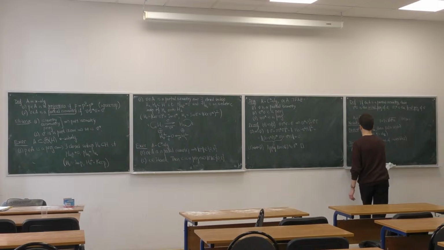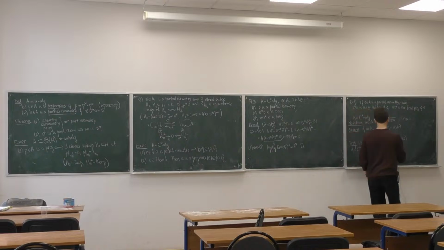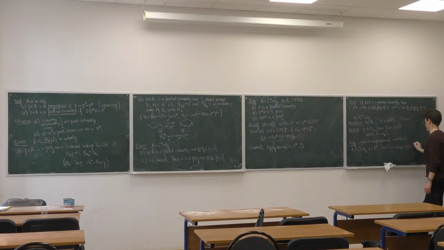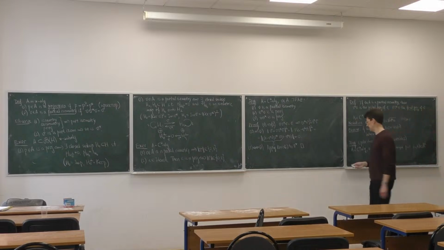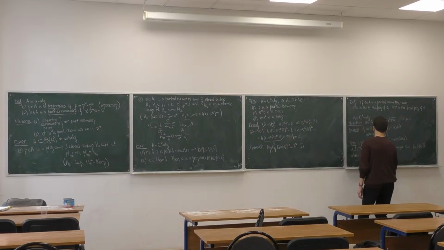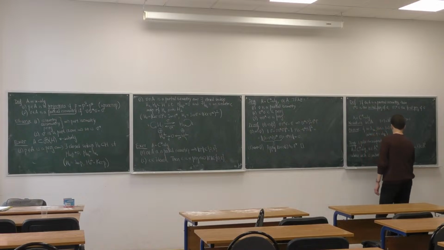Suppose that A is a C-star algebra, and a is an invertible element in A. I claim then there exists a unique pair u, b, consisting of a unitary element u, where u is unitary and b is positive, such that a equals ub.